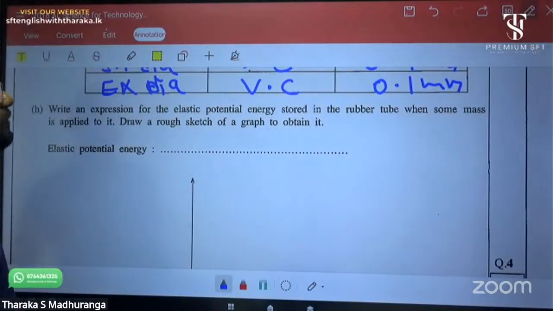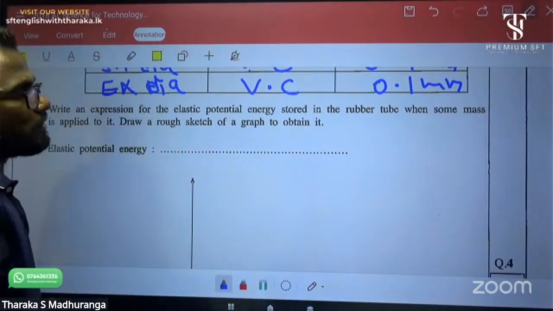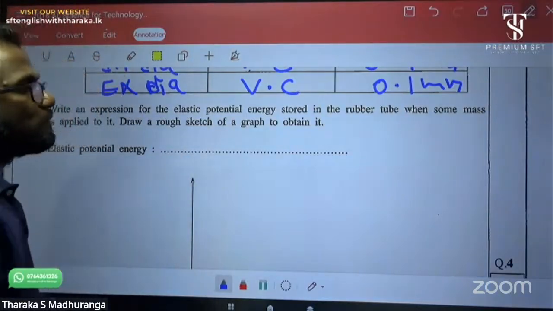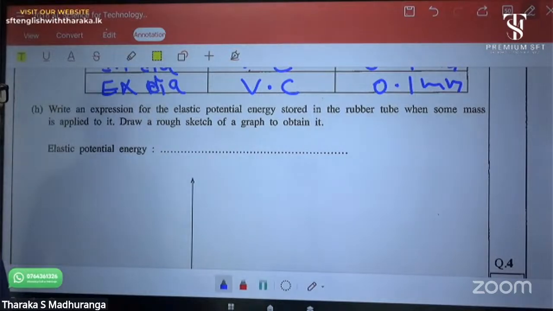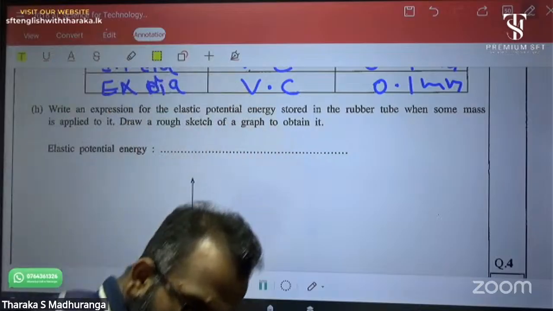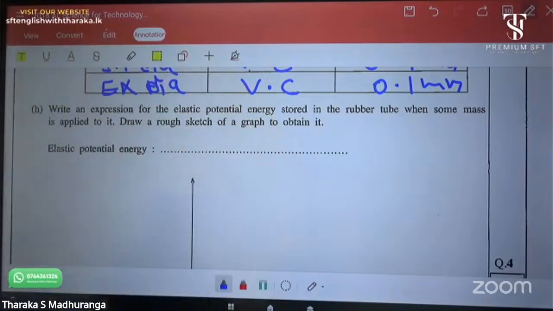Write an expression for the elastic potential energy stored in the rubber tube when some mass is applied to it.